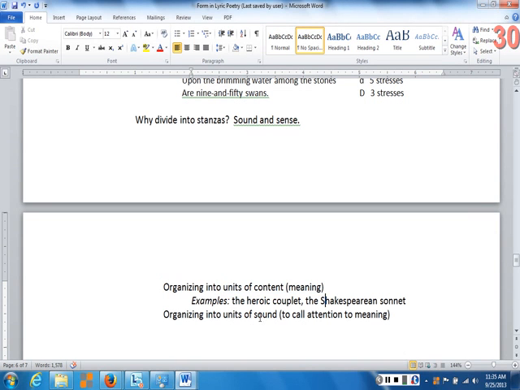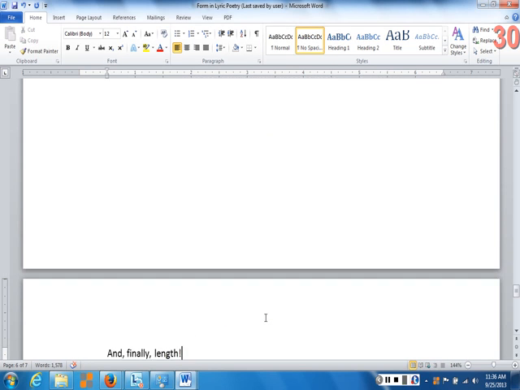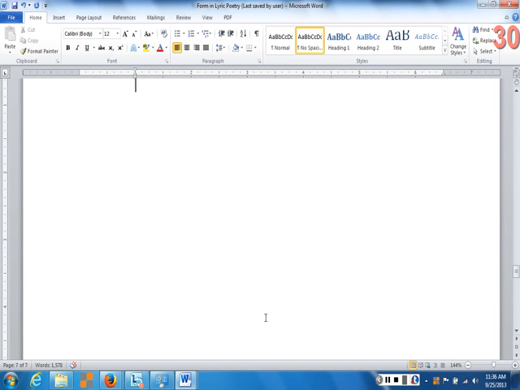And then we also are organizing into units of sound, because each stanza then has its own unique sound, created not only by rhythm, but also by rhyme. That sound closes off that particular unit, that particular stanza as a unit of sound as well as a unit of meaning.